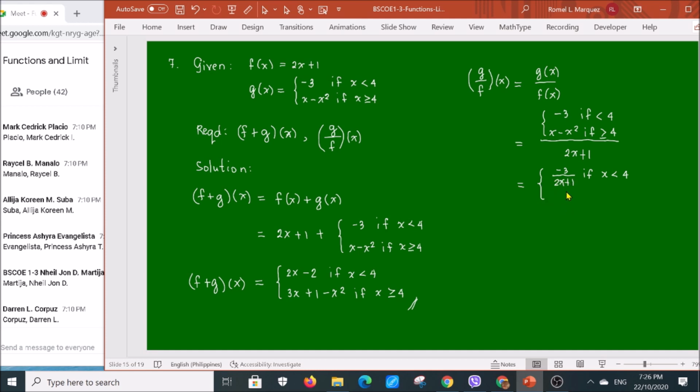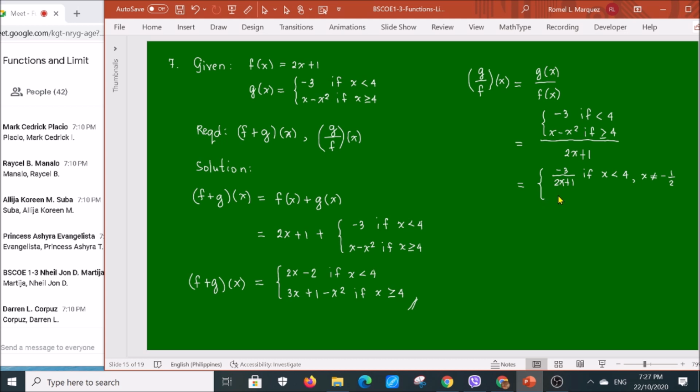If x is negative 1/2, right? If x is negative 1/2, which is less than 4, this is undefined. So we're going to exclude x equals negative 1/2. Although we want it to be less than 4, we have to exclude negative 1/2 because it will make the expression, this negative 3 over 2x plus 1, undefined.